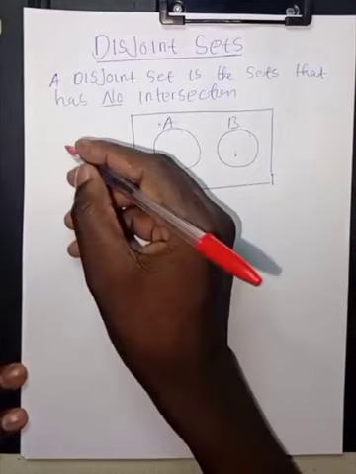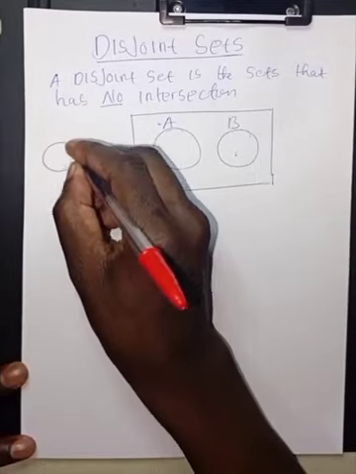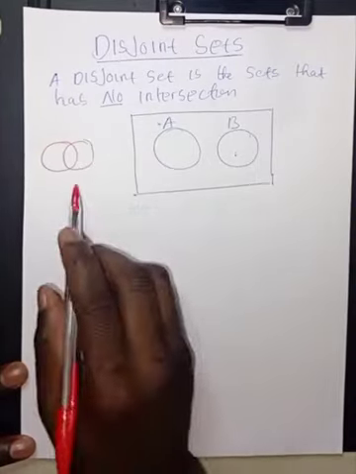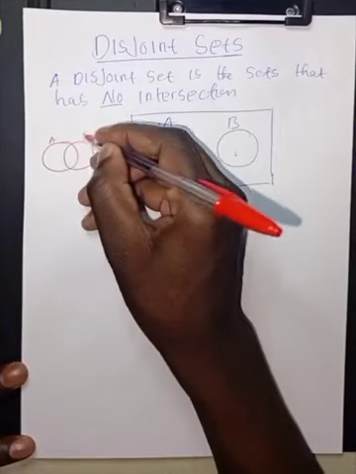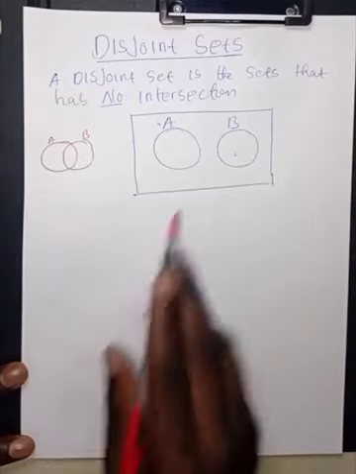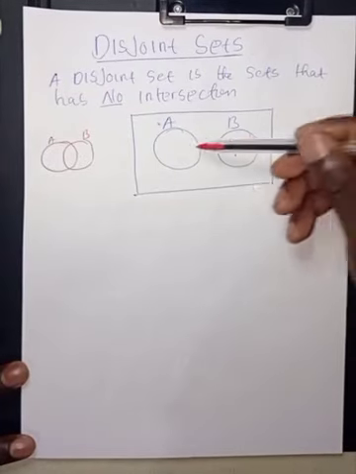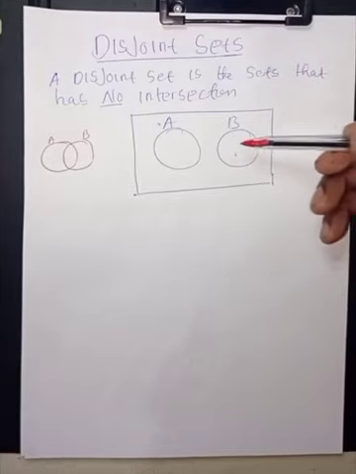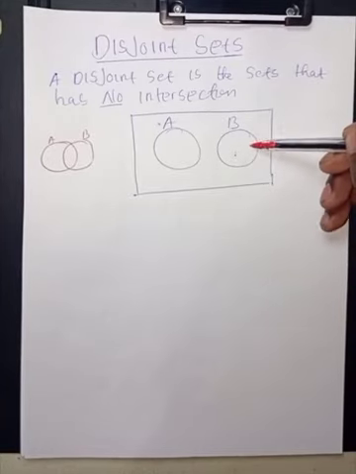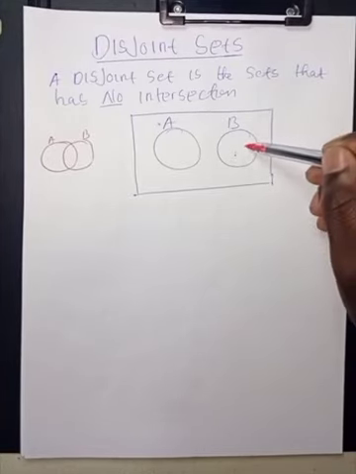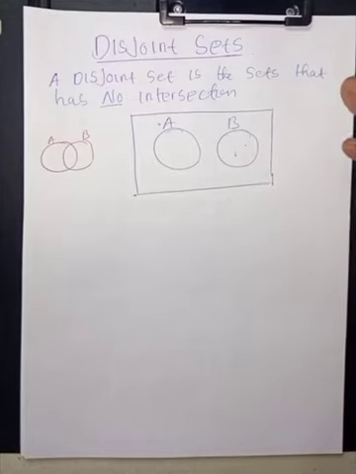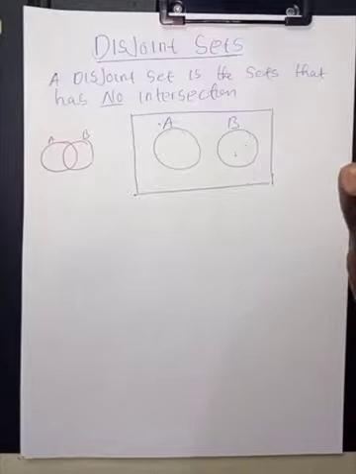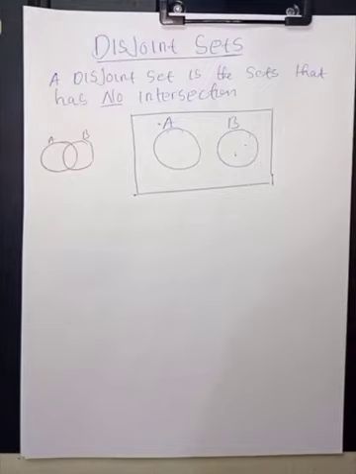Because initially we draw sets like this, meaning there is an intersection between A and B. But look here, there is no connection between set A and set B, meaning these two sets have no intersection. So if they ask you what is a disjoint set, what should come to your mind is that these two sets don't have an intersection. They are independent of each other.